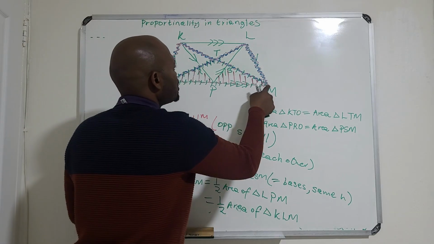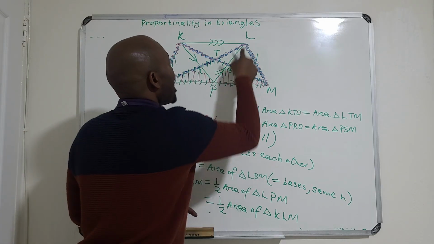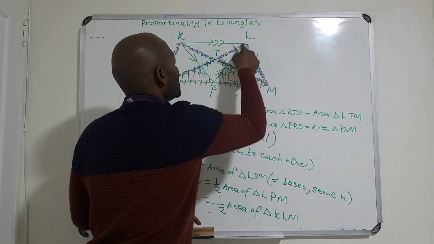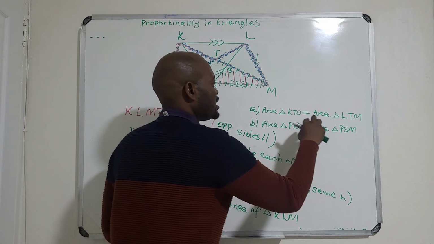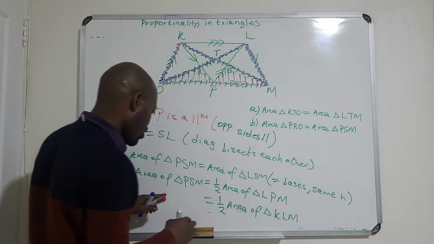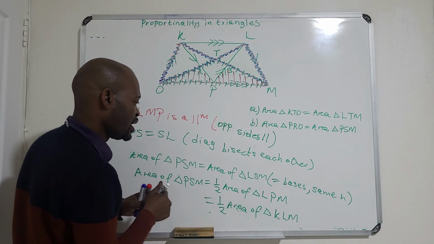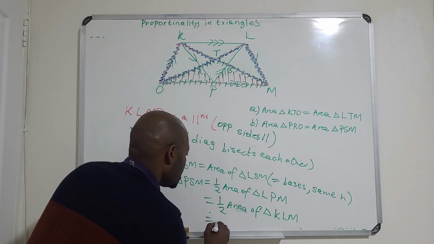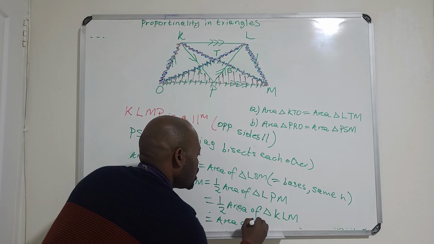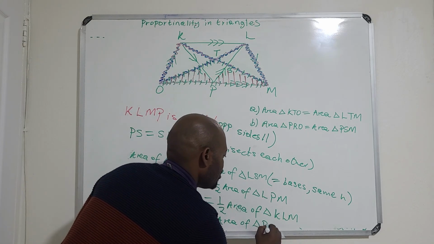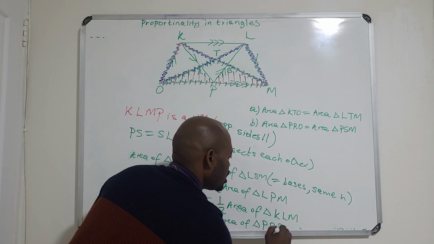We just found that this area is half the area of this and also half the area of that. Therefore, the area of triangle PSM is equal to the area of triangle PRO.